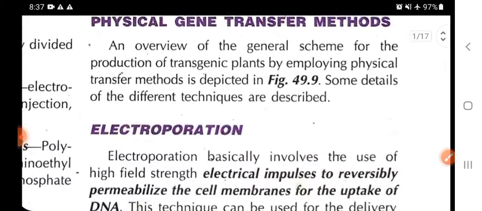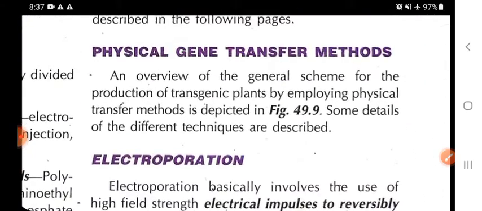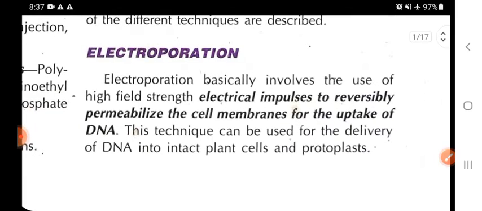Now let us see the different gene transfer methods that are used to transfer our gene into plant cells as well as animal cells. The first thing is electroporation. You have studied this in protoplast culture in your plant biotechnology syllabus.